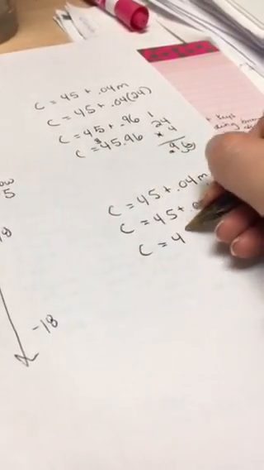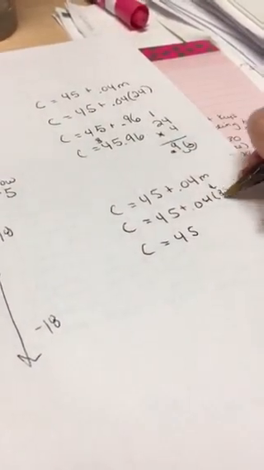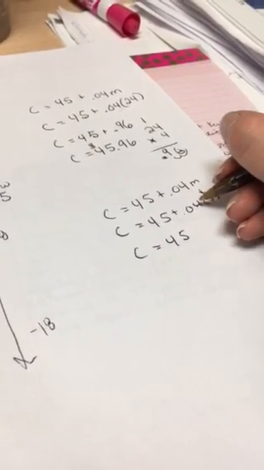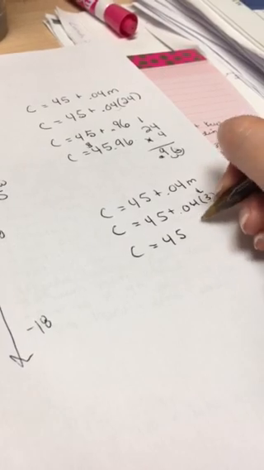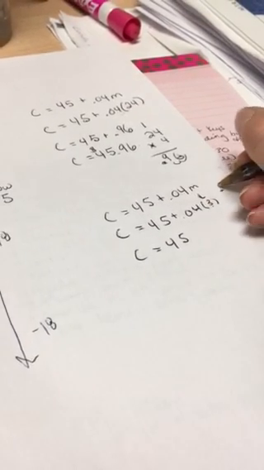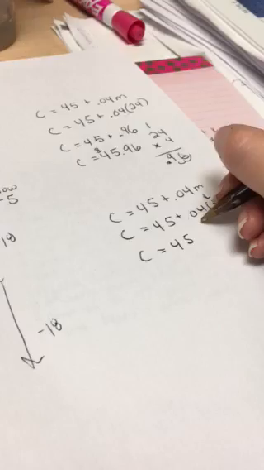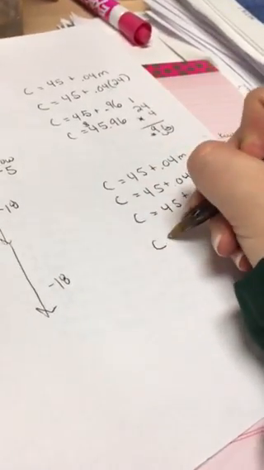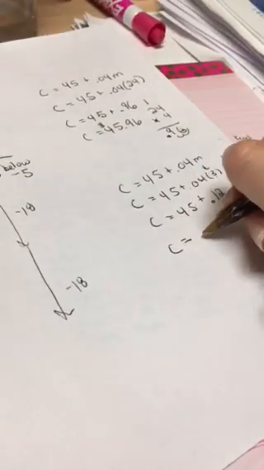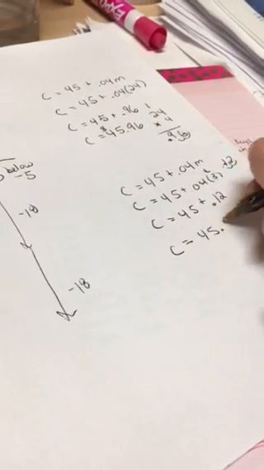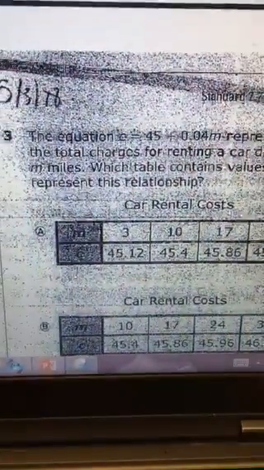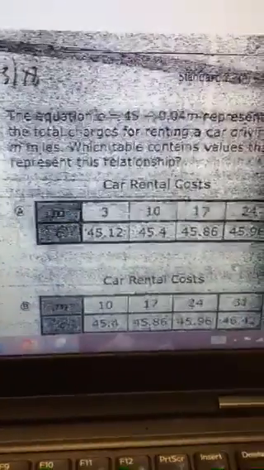C equals 45. I know that 4 times 3 is 12, but since it's 0.04, oops, I said the P word, since it's hundredths, I just need to move my decimal in twice. Okay, so far, C looks good.